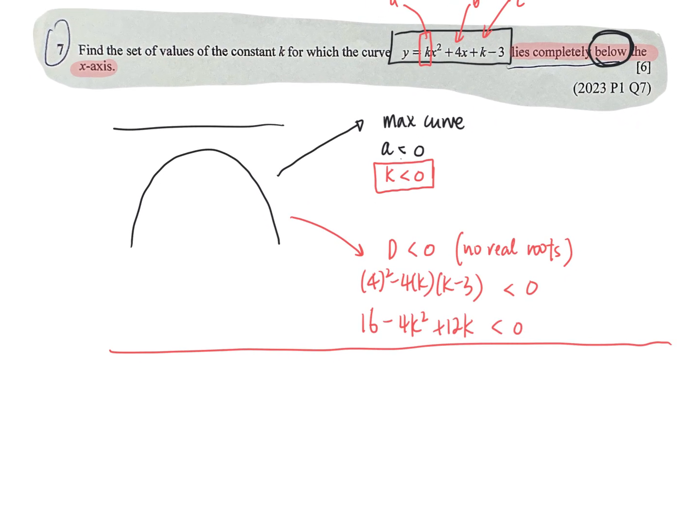Now we look at this shape. I will want to simplify it first, so you divide by 4 throughout. And then I think you will like it better if it is arranged properly. If you look at this quadratic expression, you will want to factorize it first before you can start to solve it, right?